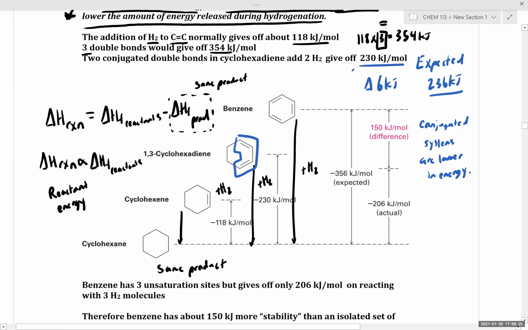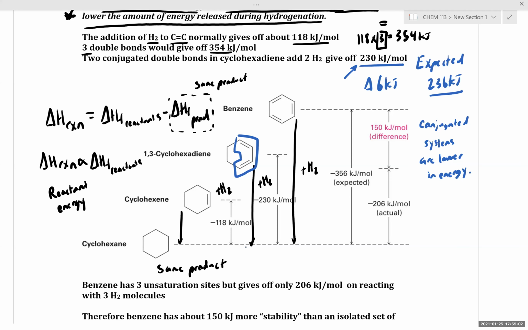We observe only 230 kilojoules of energy released when we hydrogenate cyclohexadiene. As a result, we can conclude that because less energy was released during hydrogenation, cyclohexadiene is lower in energy than expected. And from that, we can conclude that conjugated alkenes are lower in energy and more stable than isolated alkenes. Does that idea look familiar? Yeah. Perfect. Thank you.